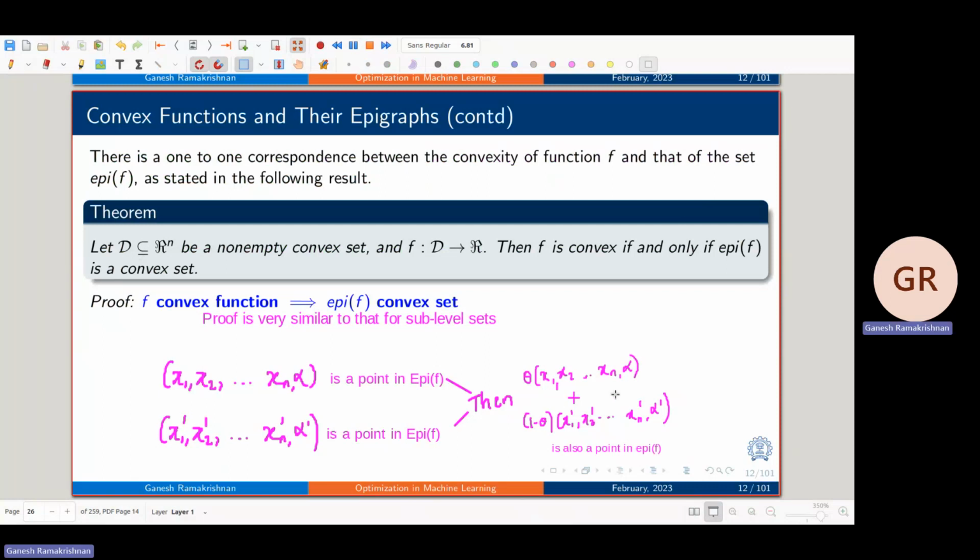What will happen to that? Sorry, of x and x prime. The function of the convex combination of x and x prime will be less than or equal to the convex combination of the function at the two points, by convexity of f. And the convex combination of the function at the two points will be less than or equal to the convex combination of alpha and alpha prime.